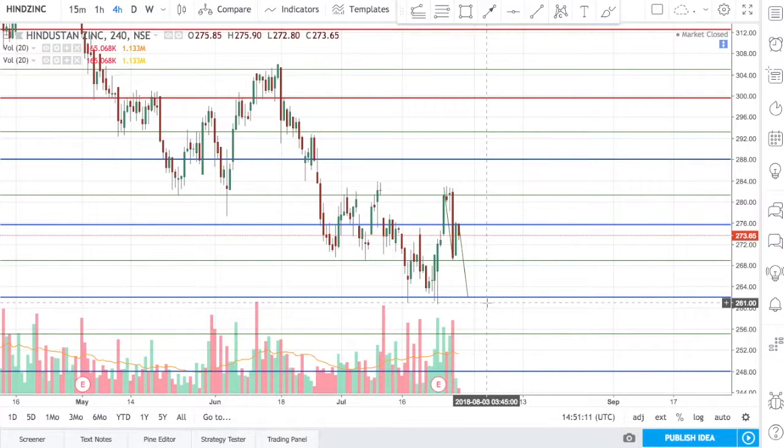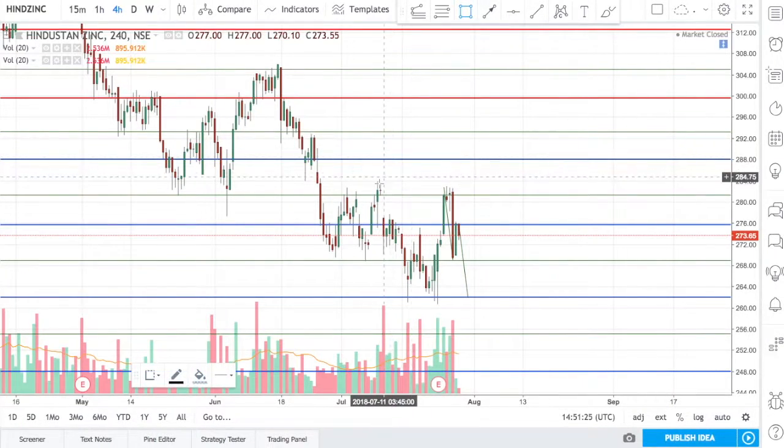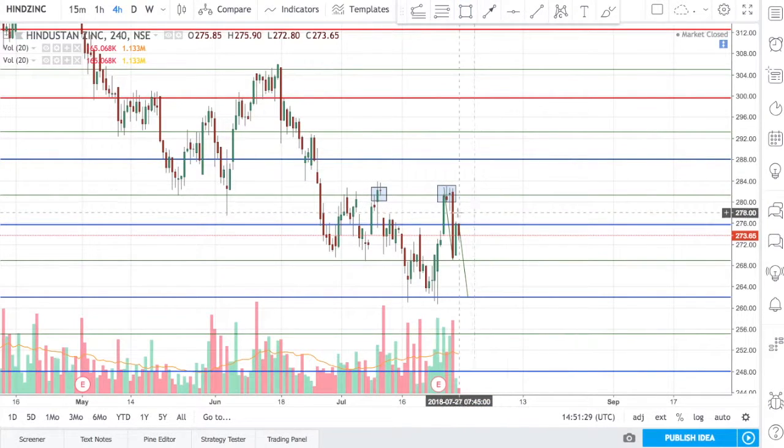Second, we have this bearish break after a double top. Now this is a double top. We have the strong bearish candle forming after making a double top. So that is our second supporting factor.